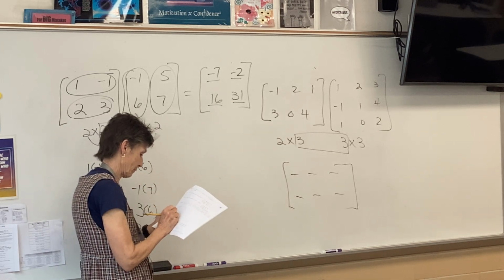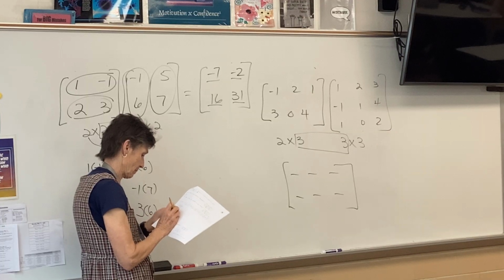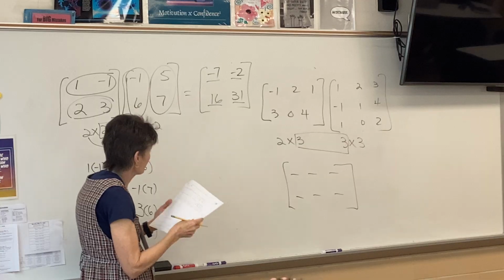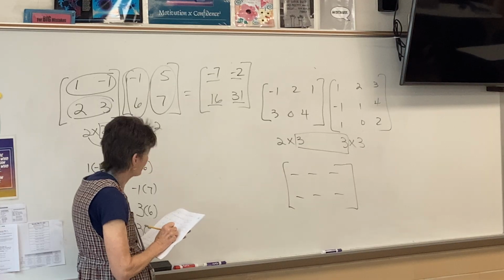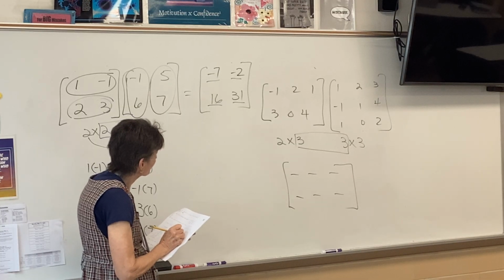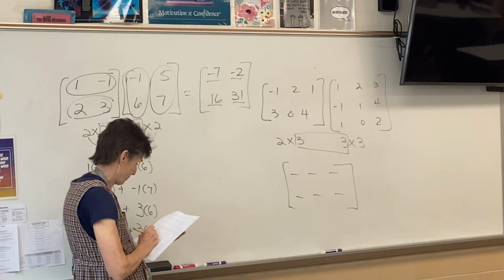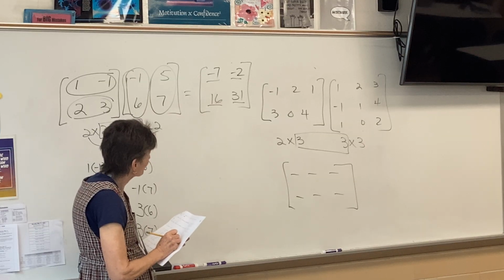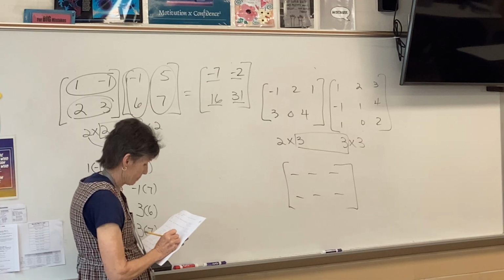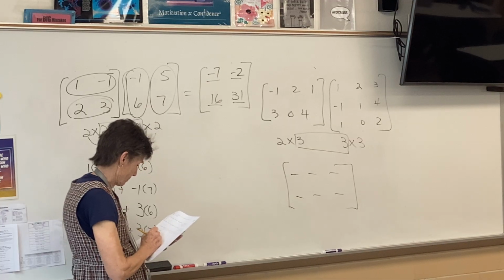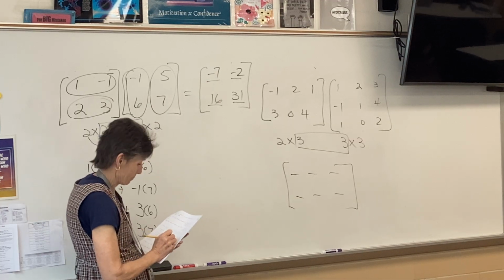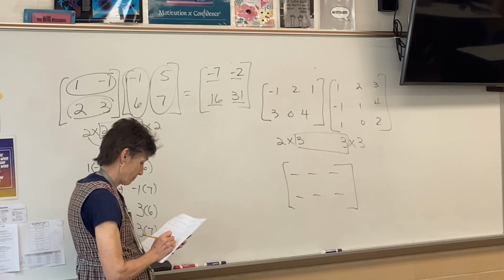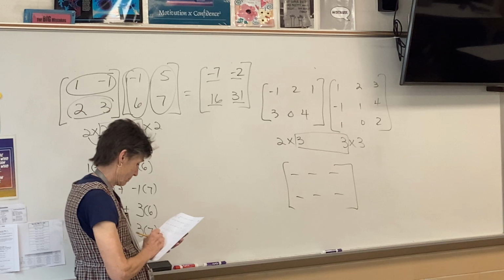It's the first and last number. Is that right? Negative 2 to 0.